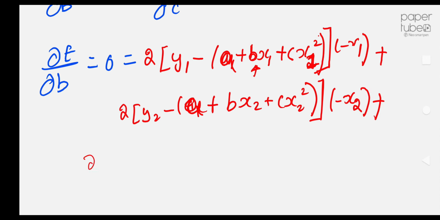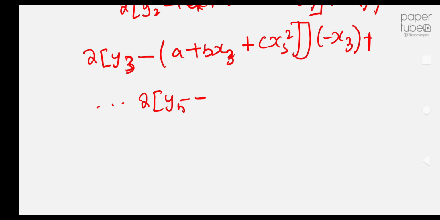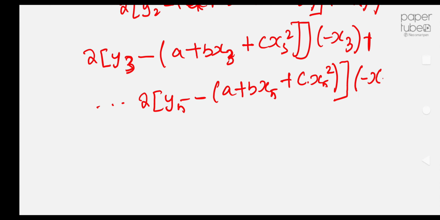Plus 2 times (y3 minus (a plus b x3 plus c x3 whole square)) multiplied by minus x3. Then we can go for the fifth term: 2 times (y5 minus (a plus b x5 plus c x5 whole square)) multiplied by minus x5. If you want to write it in general terms, ∂e/∂b will be equal to 0.